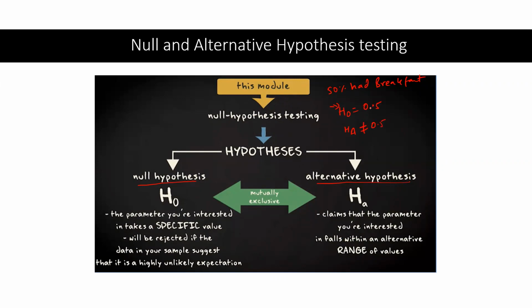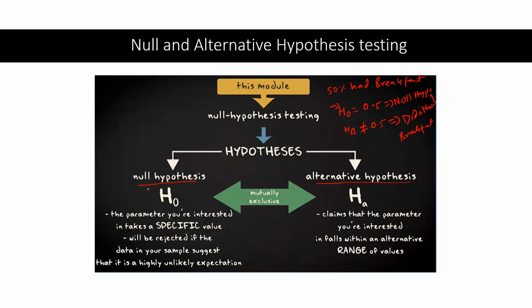This means that 50% of the population having breakfast is your null hypothesis, and not 50% having breakfast is your alternative hypothesis.